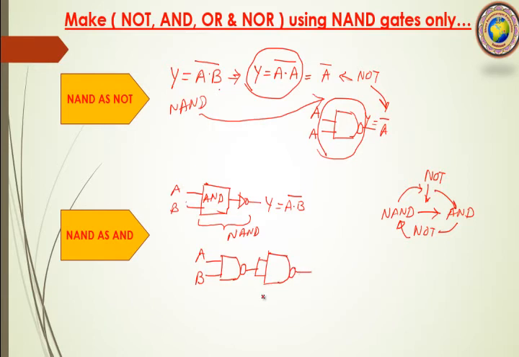So this is a NOT as an AND, and this is a NAND gate. The output is Y is equal to A dot B, because here the output is (A dot B) bar, and after the next stage it is (A dot B) bar bar, so A dot B. So using these two NAND gates we develop the AND gate. Here we are using only one, and here using two.